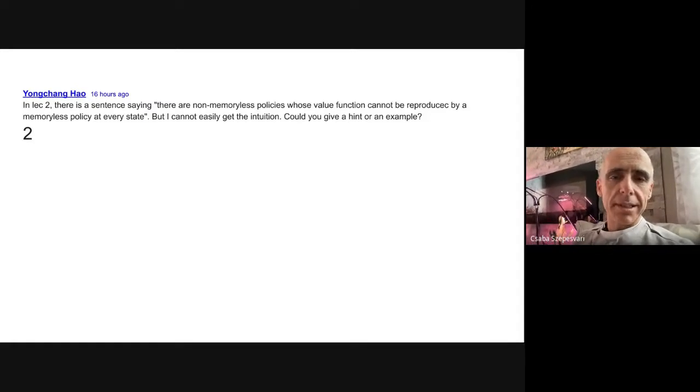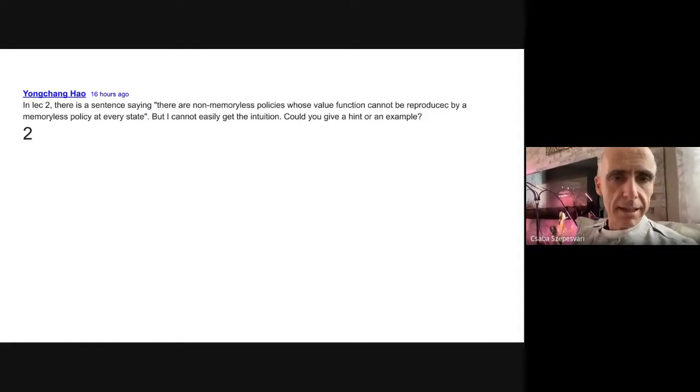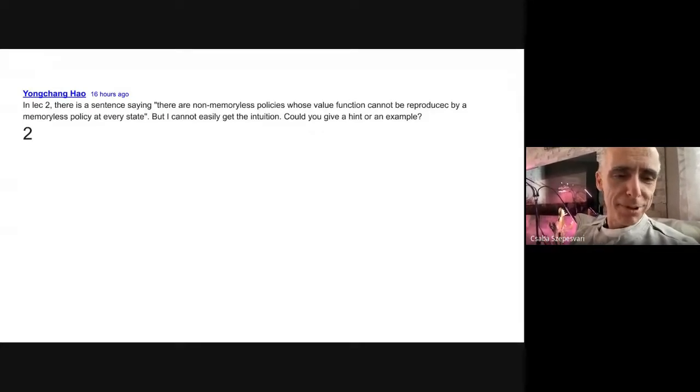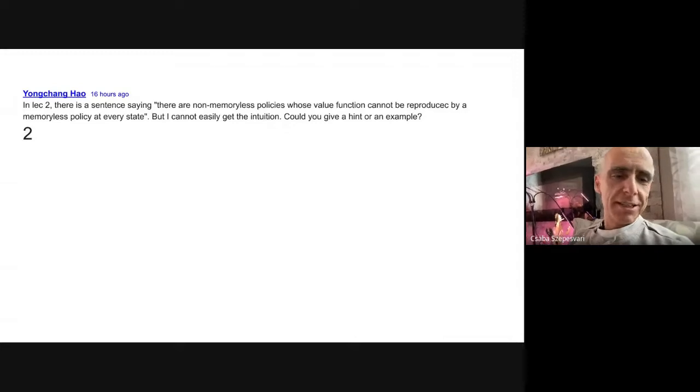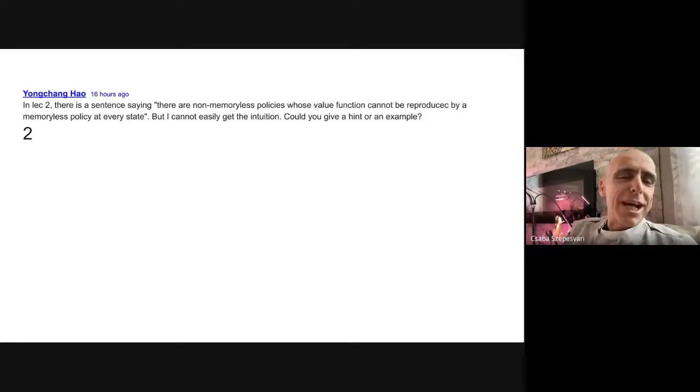What's important to pay attention to here is that the value function has to be reproduced at every state. You can reproduce the value with respect to a fixed state, but you can't reproduce the values at every state. But this result doesn't apply to the optimal policies. These are irrelevant policies that have bad values that cannot be reproduced by memoryless policies, so we don't actually care that much about this, but you can construct examples.